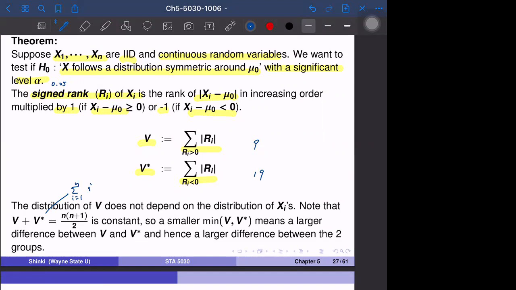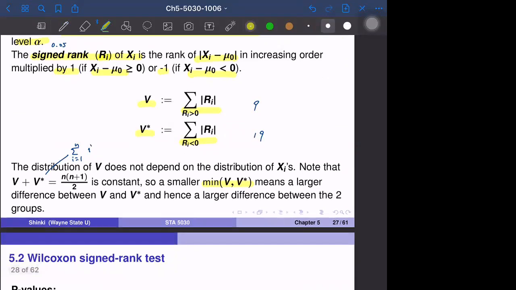That means if the minimum of V and V asterisk is smaller, then we have a larger difference between V and V asterisk. So we have a difference between the positive side and the negative side. The data are skewed, I mean, the data is biased toward the positive side or the negative side. In such a case, we reject the null hypothesis.